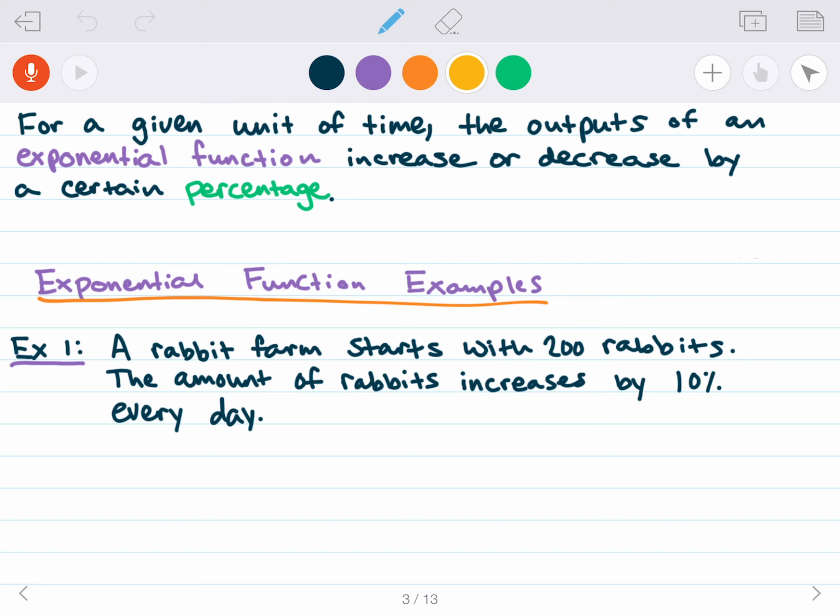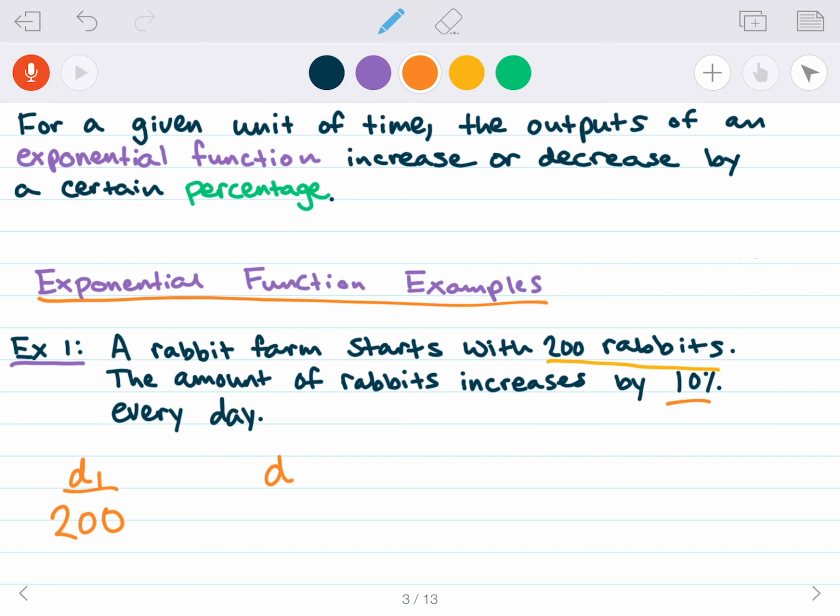Let's say we have a rabbit farm, and let's say there are 200 rabbits in this farm, and every day the amount of rabbits increases by 10%. So this situation represents an exponential function. And we can actually write out the days. On day 1 we have 200 rabbits.